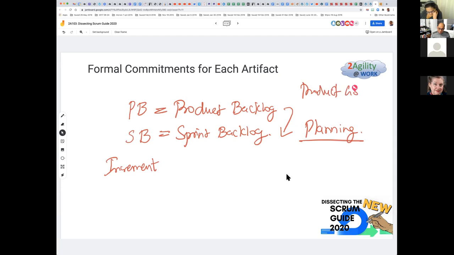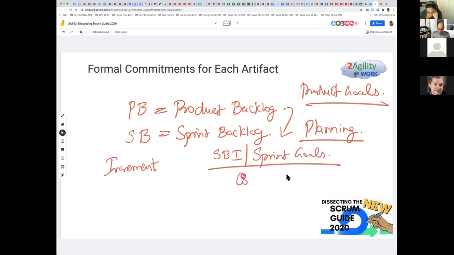We derive a sprint backlog, the list of items that we plan to do in the sprint, which are also called sprint backlog items. And we have a theme for the sprint, which is the sprint goal. So the sprint goal is the commitment for the items that we do in the sprint.